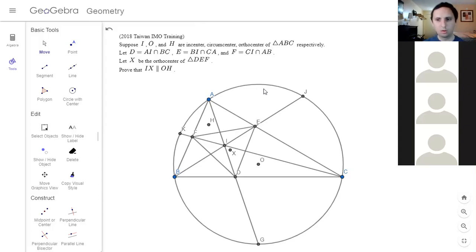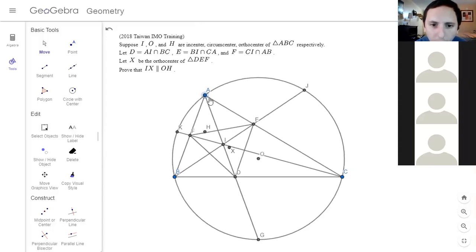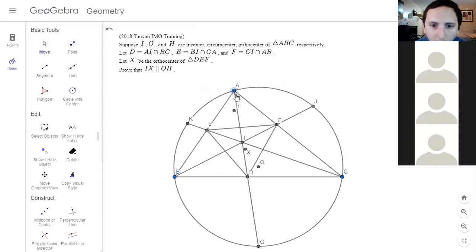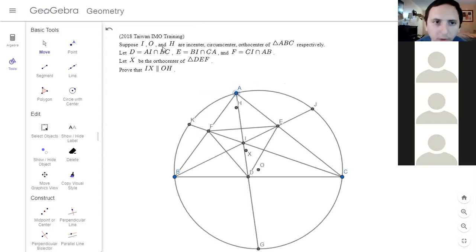Do these four points form a trapezoid? Maybe they form an isosceles trapezoid. Okay, I don't think so.